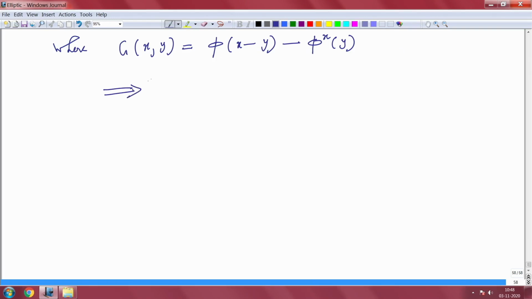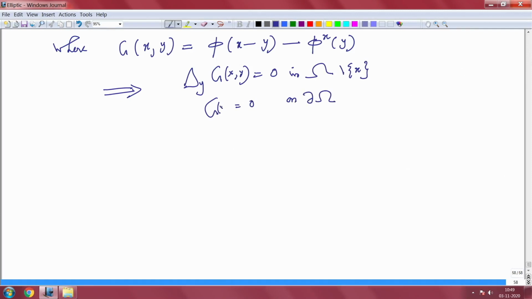This implies Laplacian in y of G of x y is equal to 0 in omega minus x. So, it has the same singularity as that of phi, and then you also have G equal to 0 on d omega, right, x is fixed. So, G of x, dot, equals 0 on the boundary.